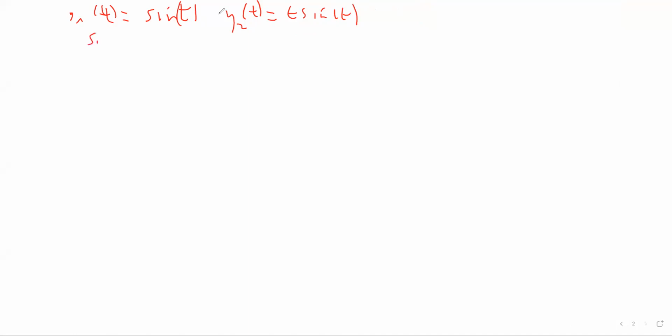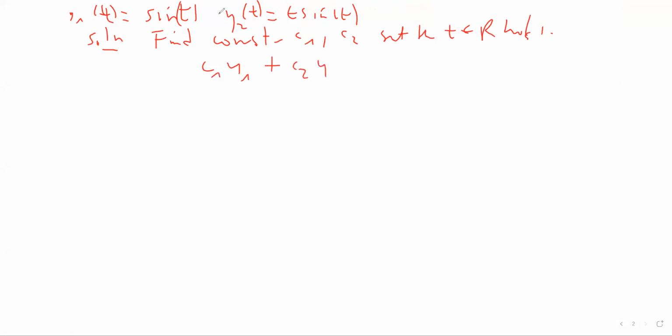Solution: we need to show that the only constants C1, C2 in R for which C1 y1 plus C2 y2 is equal to 0 are zero.